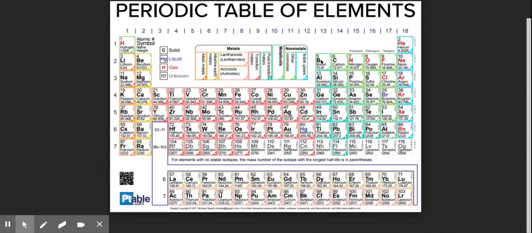Next element in the periodic table. Atomic number is 5. Good. I'm saying good because I'm pretty sure you're following along with me, right? Symbol, capital B. Name, boron.